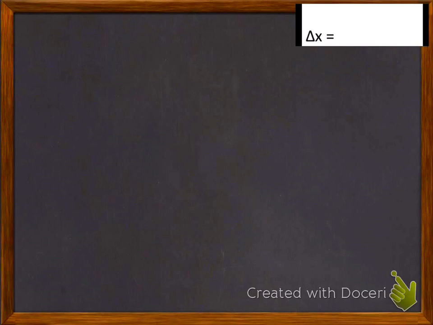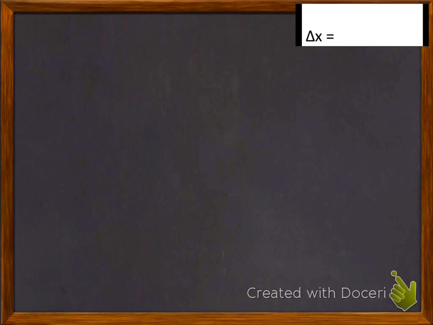So especially for the purposes of the lab that you're going to be working on in class for angled launches, this delta x, our range, is probably the really big part. This is the information that we really need. It's the whole reason that we're going through this whole process.